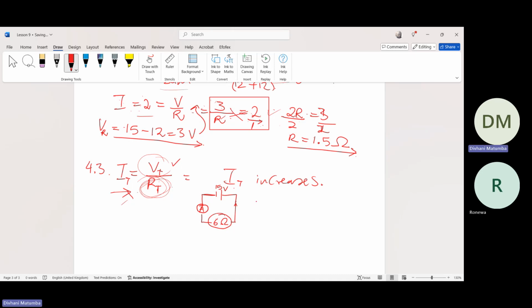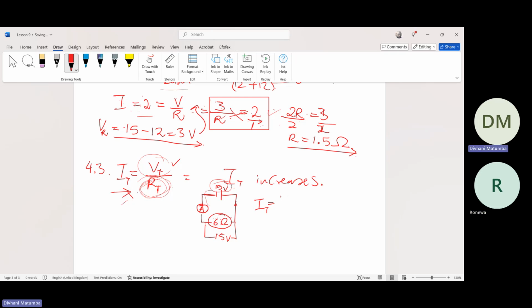So if we have this case, our I total will be given by the total voltage, which is how much? The total voltage, this is the total supply. We only have one resistor. It means all the voltage supply is going to go to this resistor. Do you agree? Yes, sir.